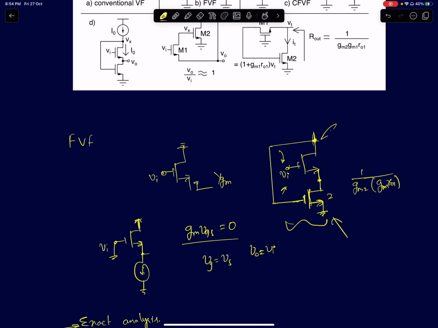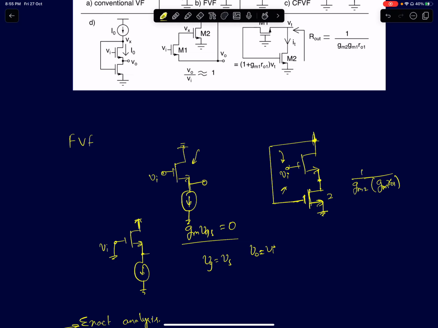Before that, very briefly about source followers. A source follower or a voltage follower is what we know as a common drain amplifier. Input is at the gate, output is here at the source, and generally it is biased using a constant current source. When you bias it using a constant current source, by design you are not allowing its DC or drain current to change.